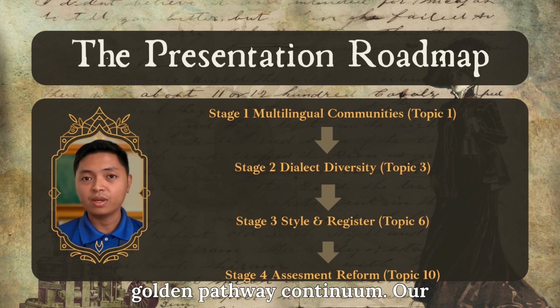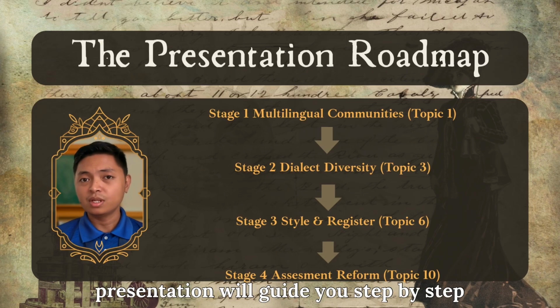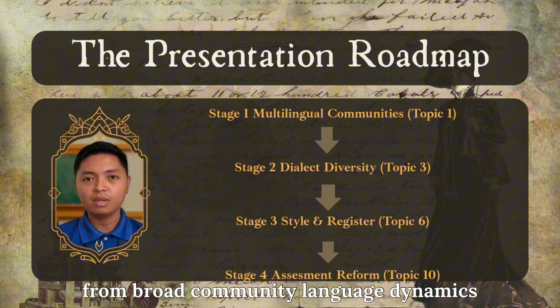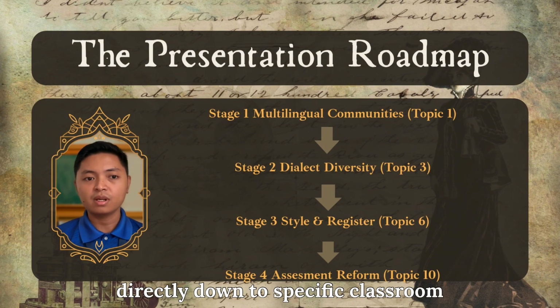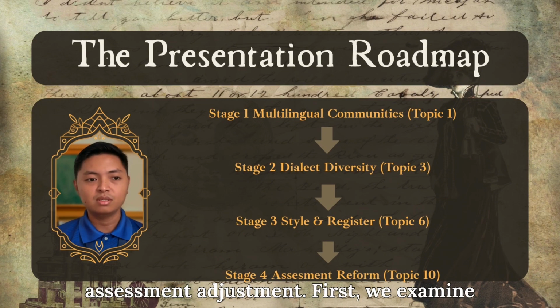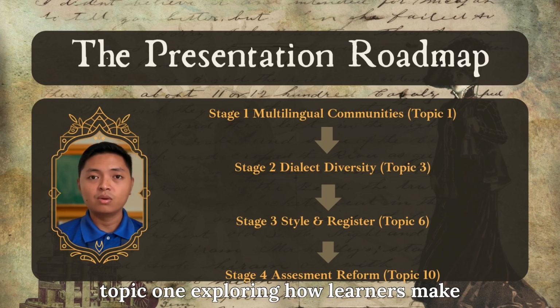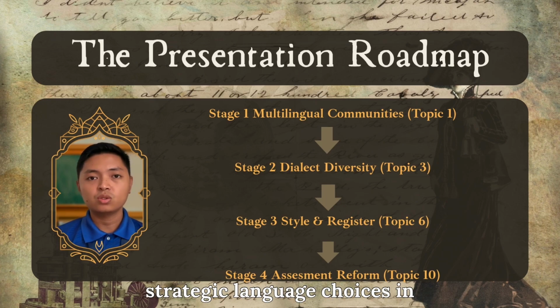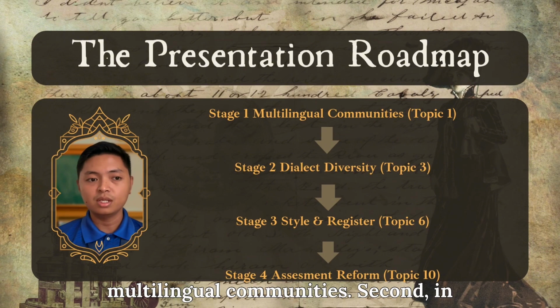To walk you through our findings, our team has designed a deliberate four-stage framework that we call the Golden Pathway Continuum. Our presentation will guide you step by step from broad community language dynamics directly down to specific classroom assessment adjustment. First, we examine topic 1, exploring how learners make strategic language choices in multilingual communities.